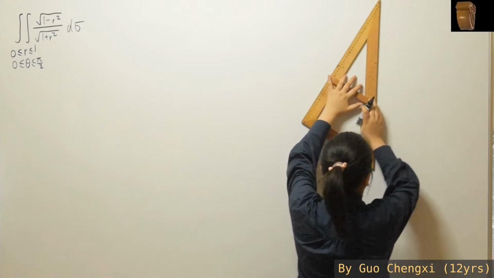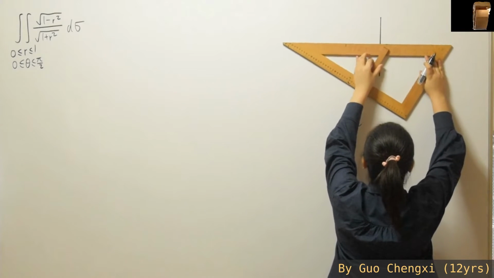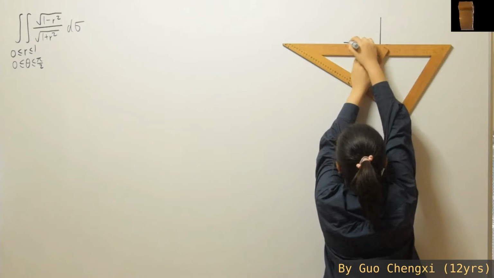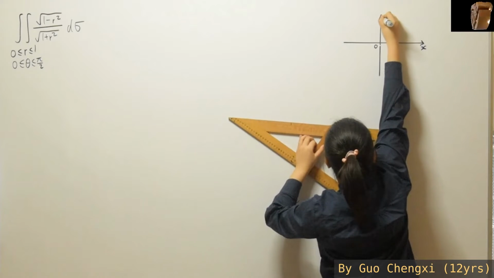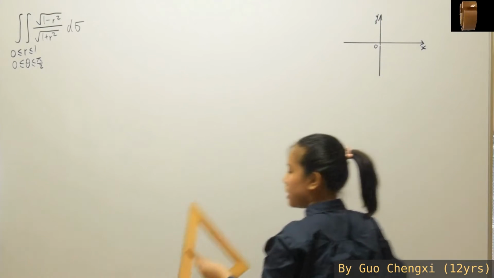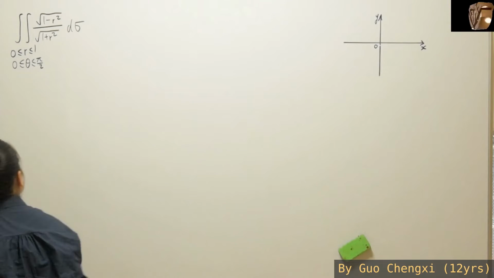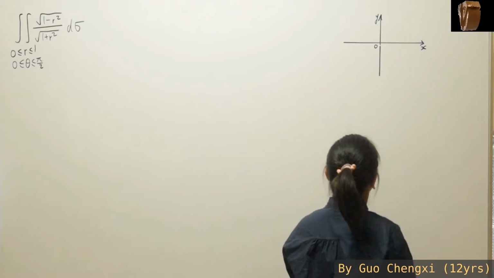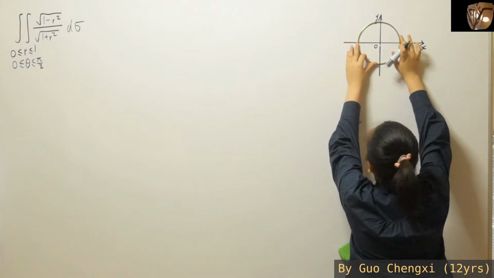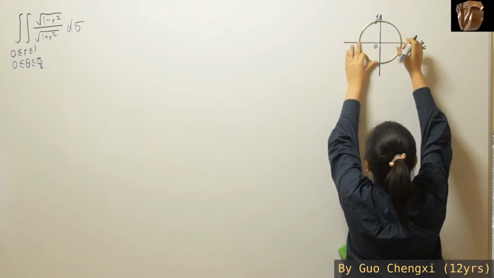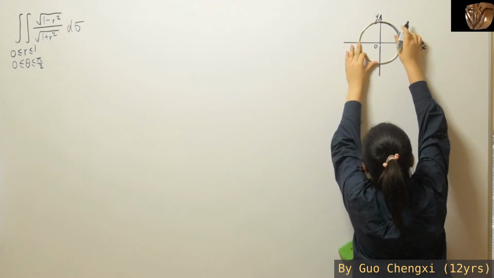So as you can see for this part over here, the radius is from 0 to 1, while for the theta, it will be from 0 to pi over 2, which shows that it is only in the first quadrant, like this.